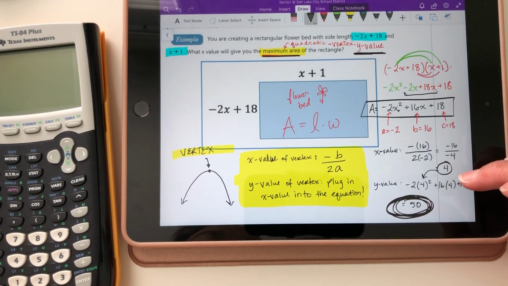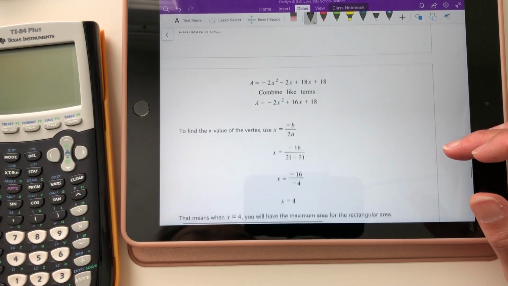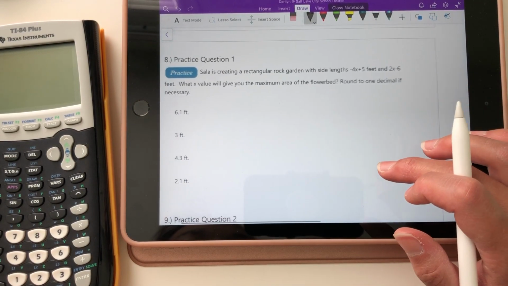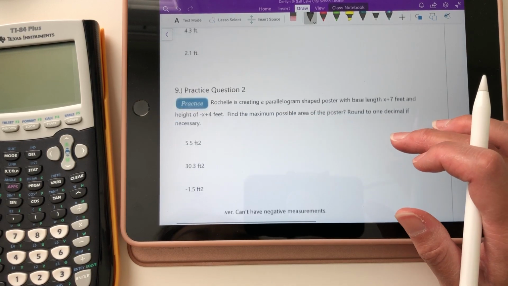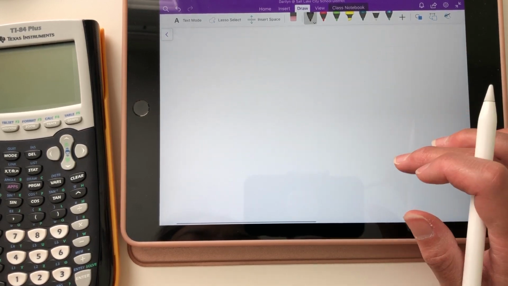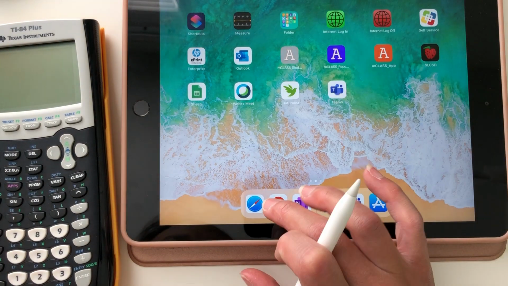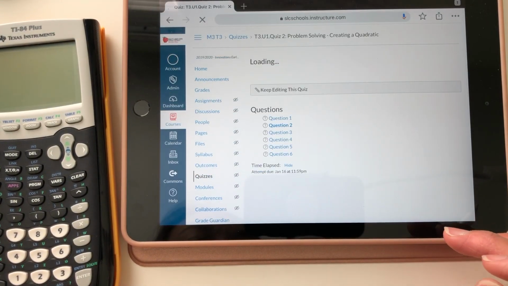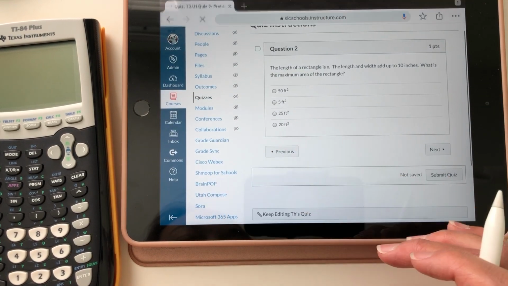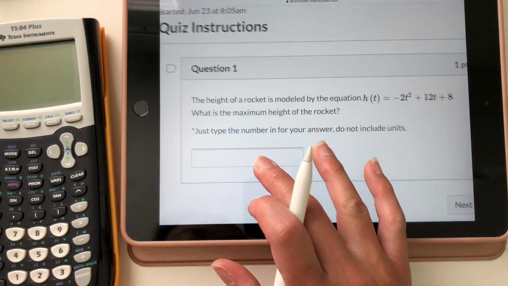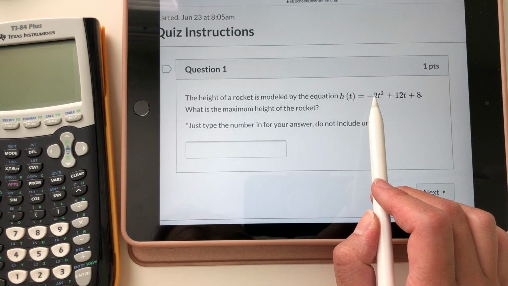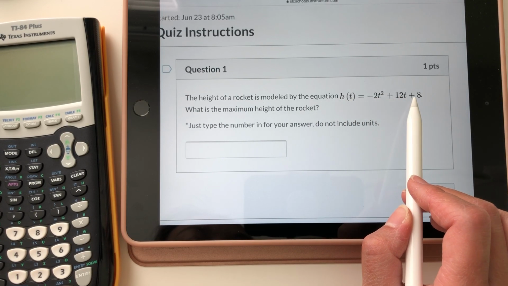Okay, so I thought it might be a good idea to do a question from the quiz, or a question that's similar to one of the questions on the quiz. So I'm going to go back to the quiz. First of all, let's look at this first question. The height of a rocket is modeled by h of t equals negative 2t squared plus 12t plus 8.